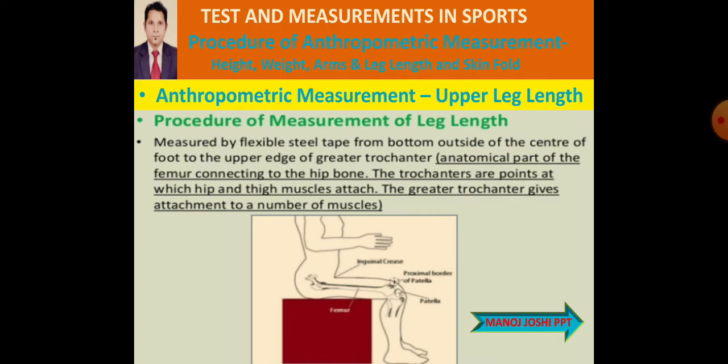So we are measuring this length for the upper leg, from the thigh region, from the hip joint to the knee. This length is also measured by the steel tape. The upper bone we can see is the femur, the longest bone.